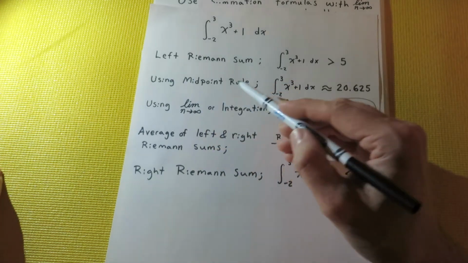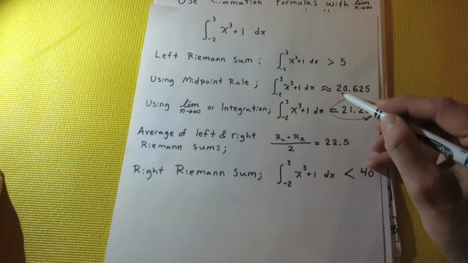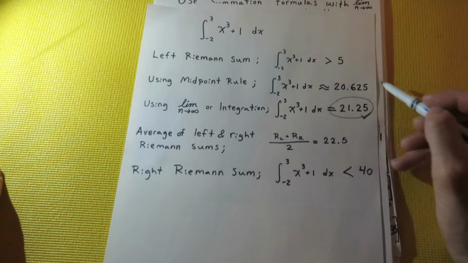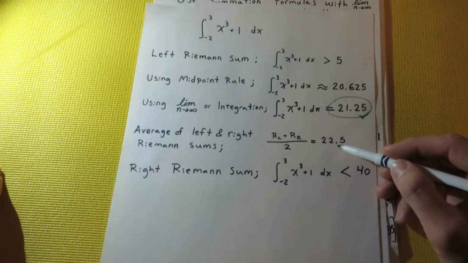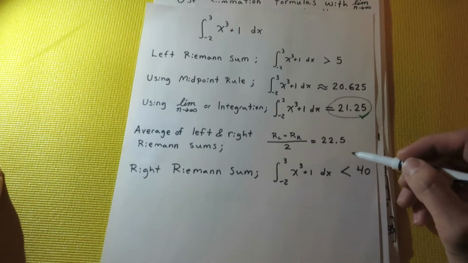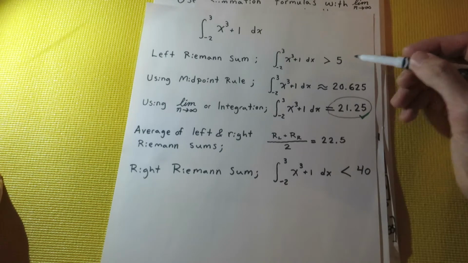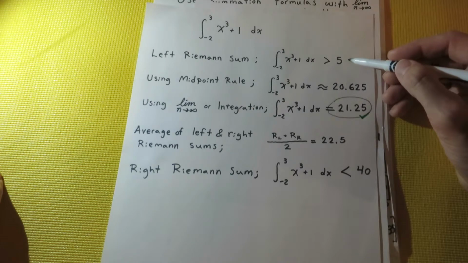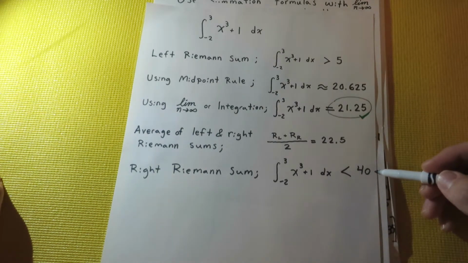We did our midpoint rule, however, and we approximated our integral at 20.625. And this is considered closer to the actual value than this, because sometimes when you take a left or right Riemann sum, you can have a significant underestimate or a significant overestimate, and sometimes the underestimate could be more significant than the overestimate, just depending on the nature of the curve.